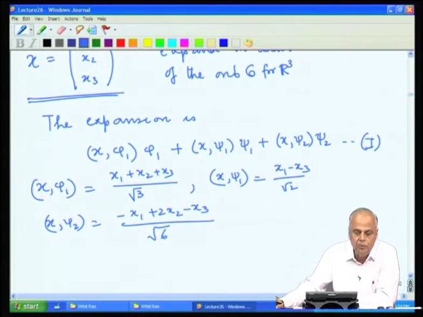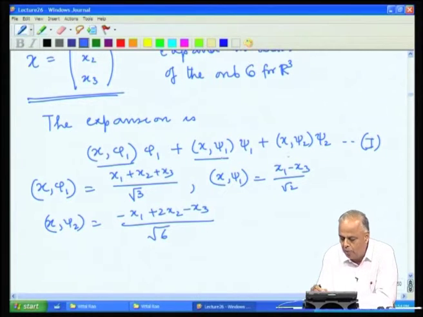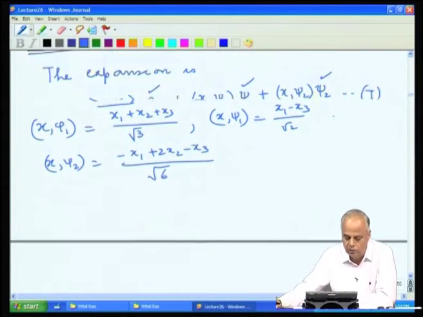Now, we substitute these values, x dot phi 1, x dot psi 1, x dot psi 2, and we know what phi 1, psi 1 and psi 2 are.